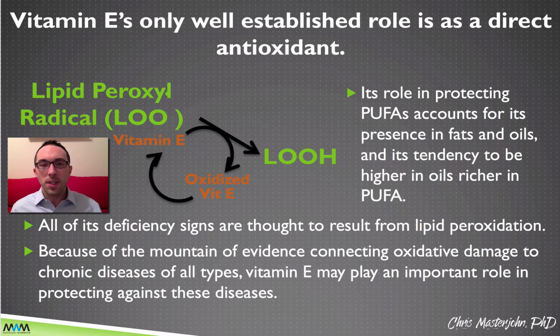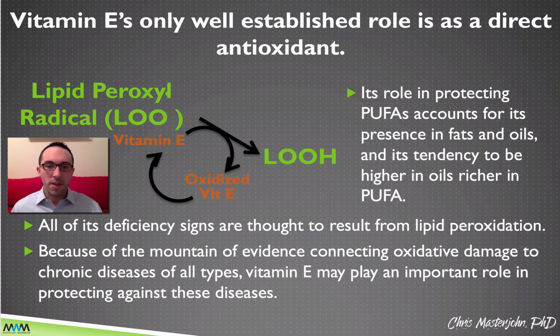Although vitamin E was originally known as the fertility vitamin, we now know from its chemistry that its function is to convert lipid peroxyl radicals to lipid peroxides and thereby avert lipid peroxidation chain reactions in cellular membranes. This is the only well-established role as a direct antioxidant in this context.